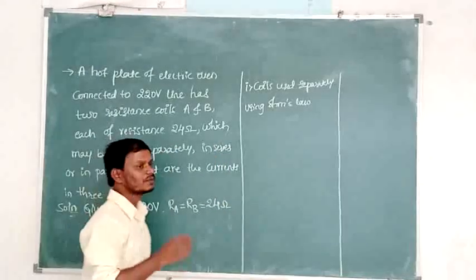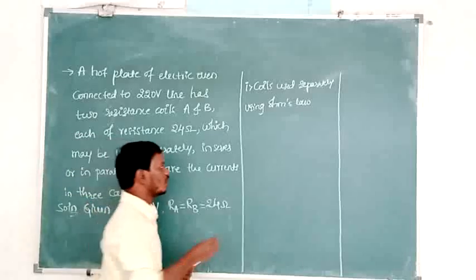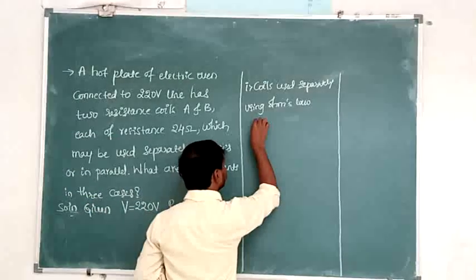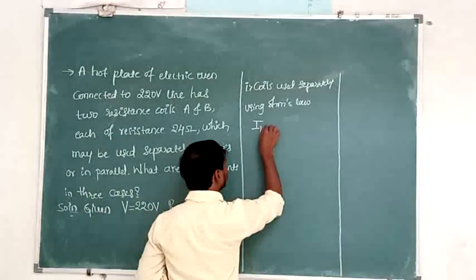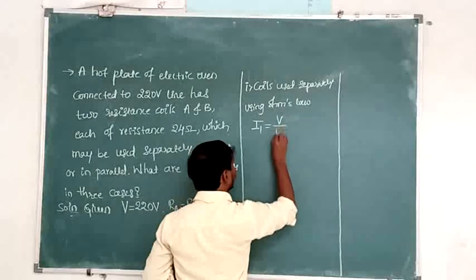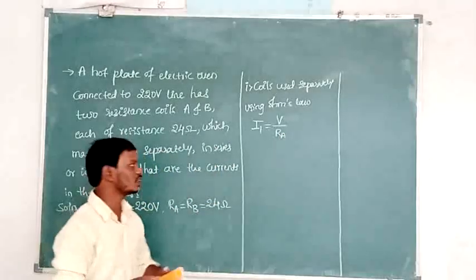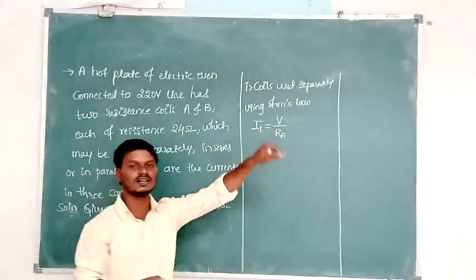By using Ohm's law, I equal to V by R. I will take I1 when they are used separately. I1 is equal to V by RA. First I will use RA, next I will use RB.